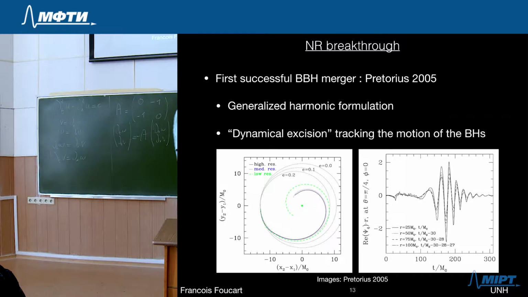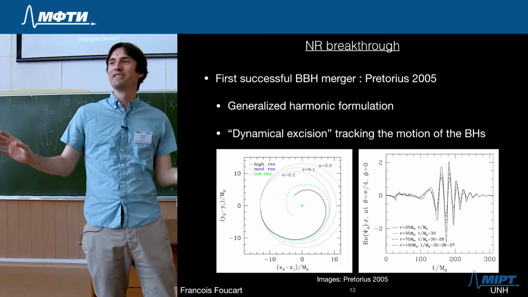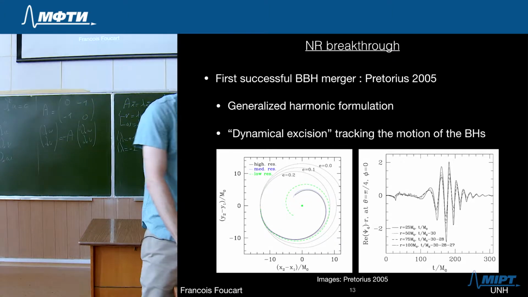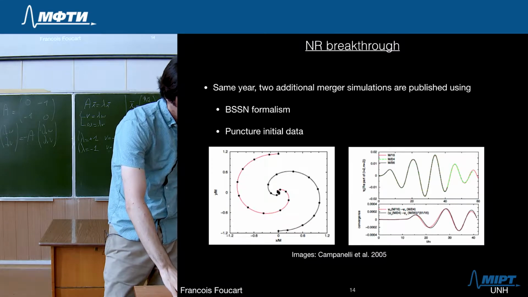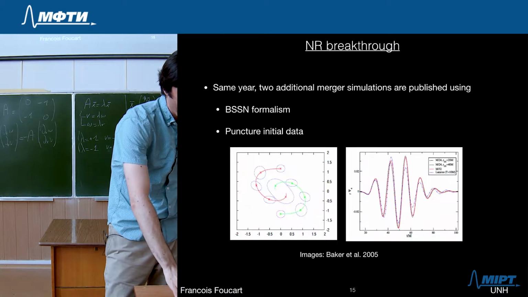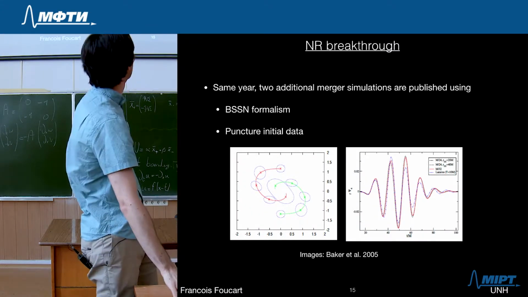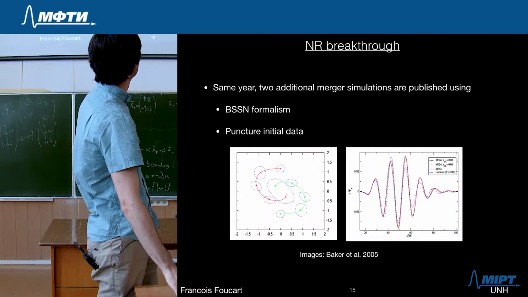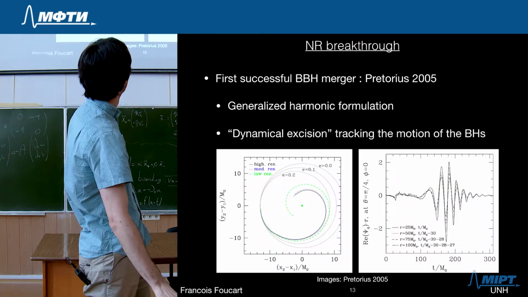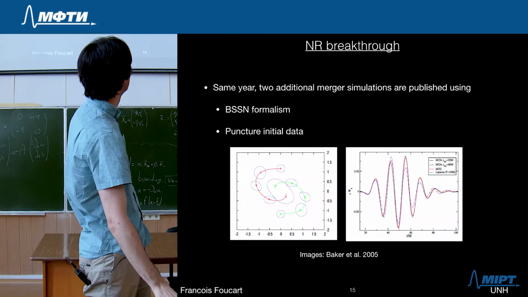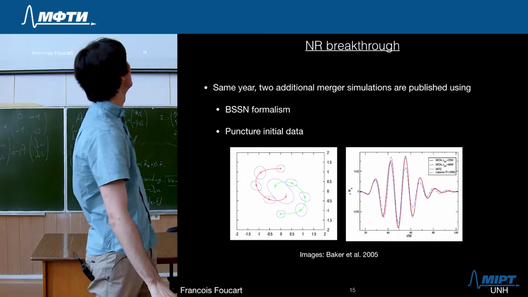Within a few months of that, there were two other simulations using completely different methods that also solved the same problem. It's a bit surprising that they all came at the same time, by the Brownsville Rochester group and by the NASA group. And you can see that all of those are fairly similar in that they evolve about one orbit of the black holes up to merger, leading to very similar gravitational wave signals.